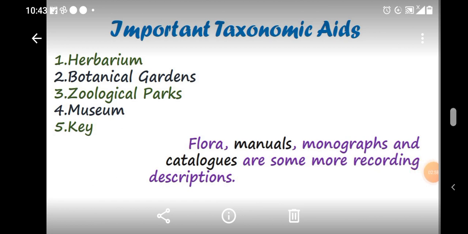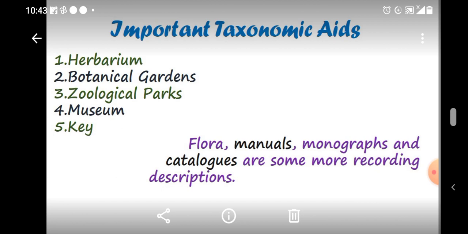In this slide, you can understand which are the important taxonomic aids. Biologists established certain procedures and techniques to store and preserve the information as well as specimens.